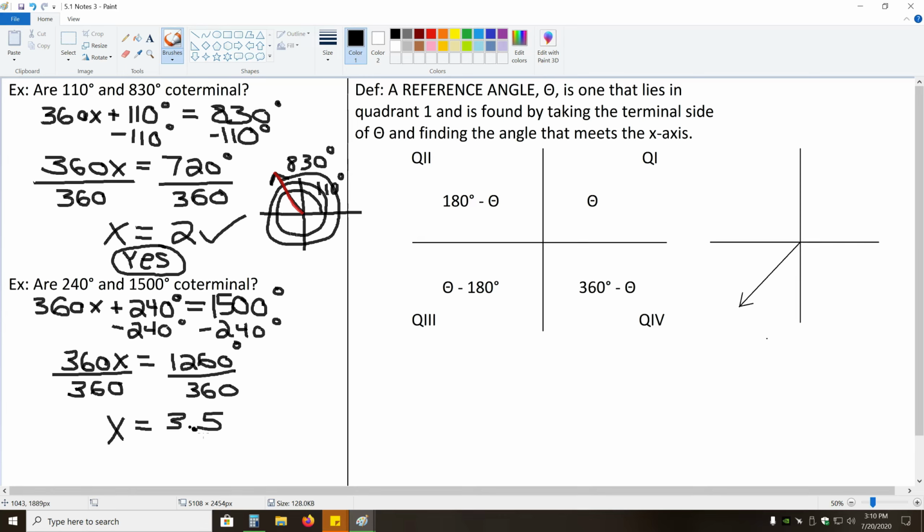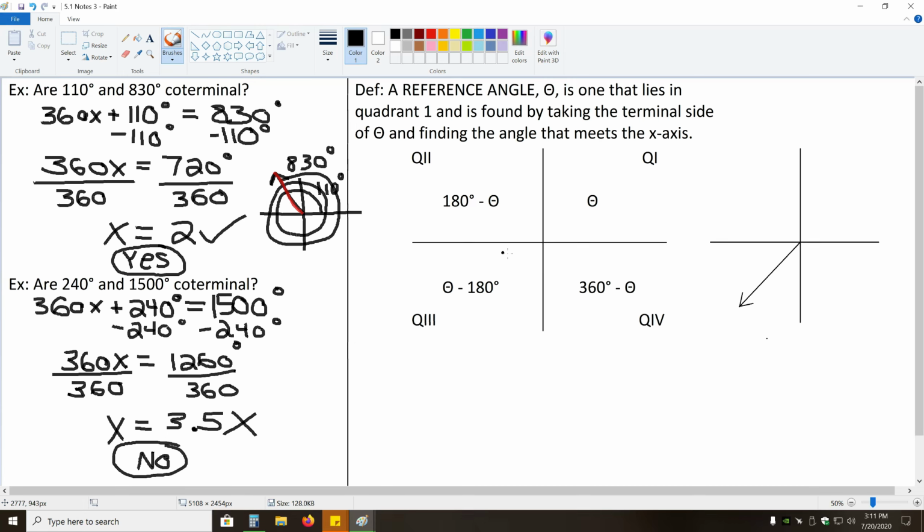Is this an integer? No, it is not. So are these two angles coterminal? No, they are not coterminal. Remember, if these were sentence problems, we would want to give a sentence answer. But in this case, these are just written out. They're not much of a sentence problem, so you can just put yes or no for these.